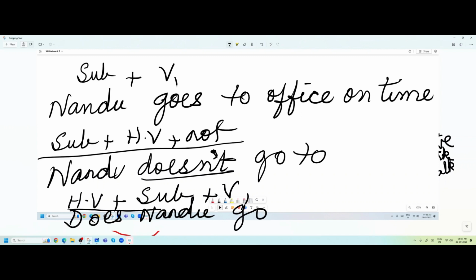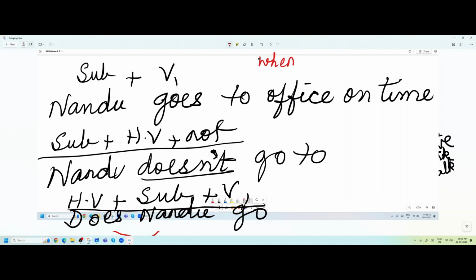Easy? But one more thing you need to understand. When you have a WH, usually people make a mistake by putting the verb before the subject as soon as they use WH. What? When? When you go to office. That is what people say. That is wrong.